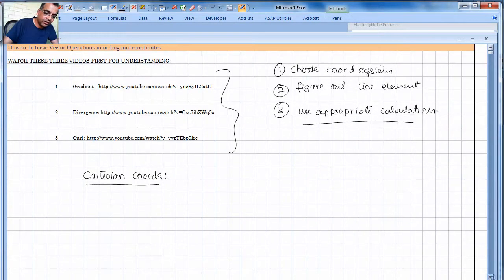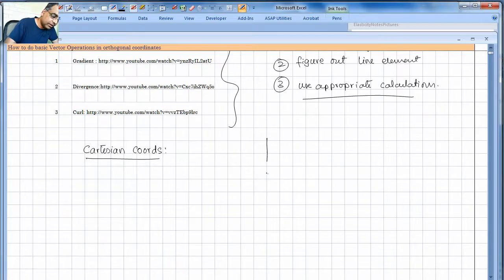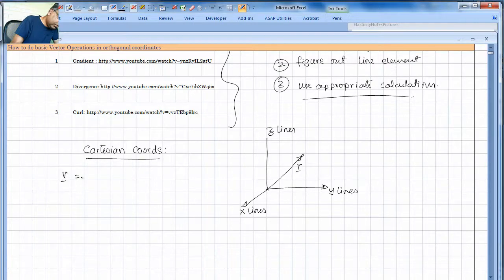So our first coordinate system is Cartesian coordinates, and we know what they mean, right? I have the three coordinate lines, the x lines, the y lines, and the z lines. And any vector r looks very simple: xi plus yj plus zk.